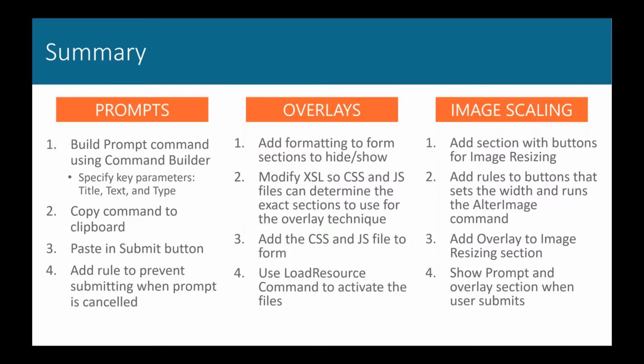So quick summary on the prompts and overlays, and we'll talk about image scaling in a second. We just have one slide summarizing today, which is fine. You're going to build your prompt command using the command builder, as Kirby showed, and you're going to specify title, text, and type. And of course, you can copy the command into the action, the actual value there when you have the rule action.